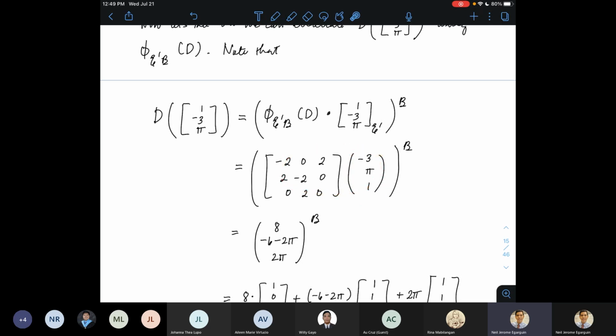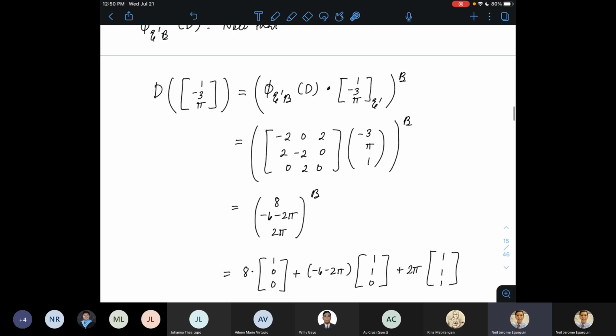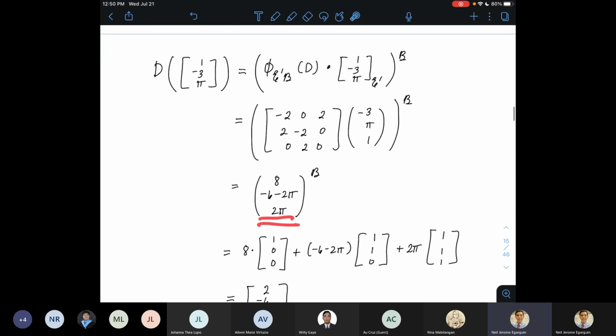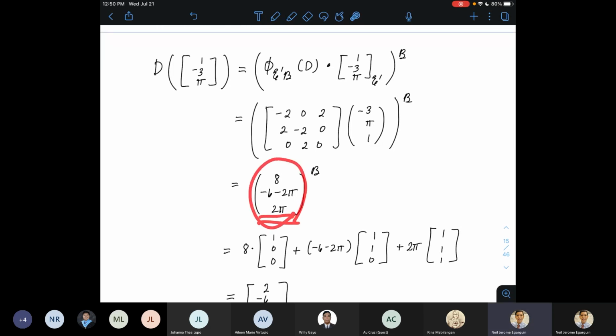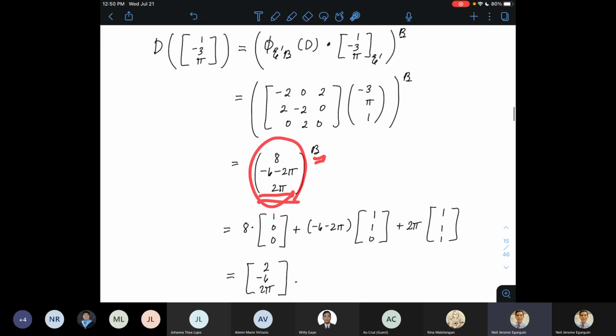But bear in mind that the product of the matrix and the vector consisting of coordinates is another set of coordinates. That's why they are enclosed in parentheses. So this is a set of coordinates. To get the vector equivalent for it, I need to translate it or use this as the coefficients in an expansion with respect to the ordered basis B. All right.